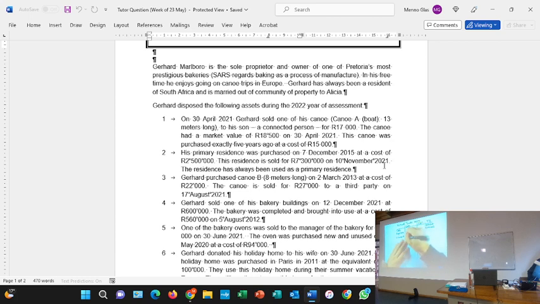Let's see. Proceeds limited to your base cost is 15,000. Then we have the tax value, that's your base cost, and the Canoe doesn't have any allowances on it.